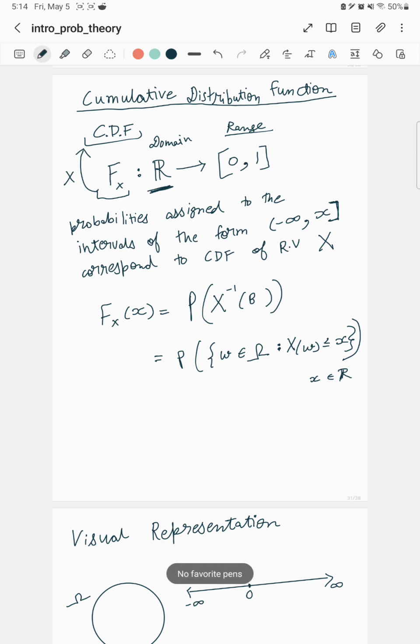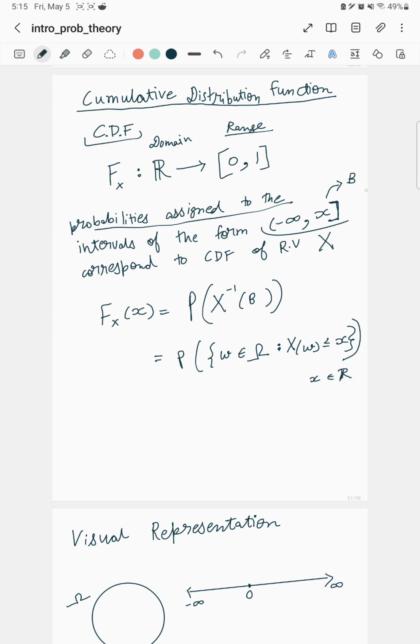Now, what does this mean? What does capital F of x do? We see that the probability is assigned to the intervals of the form minus infinity to some real number x. This is a Borel set. Let's say this is a Borel set B on the real number line.